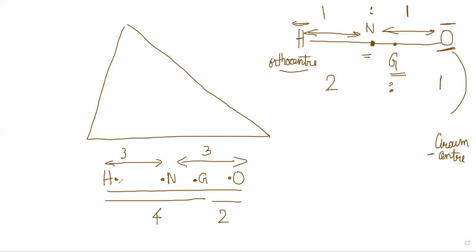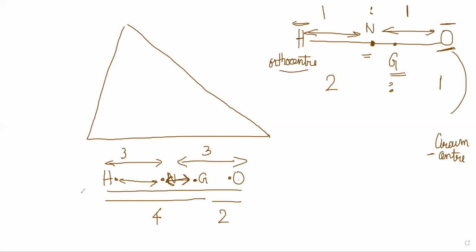So if someone gives you HO, you should be able to find HN. Or if someone gives you HN, then you should be able to find OH, right? And even if someone tells you NG, you should still be able to find things.